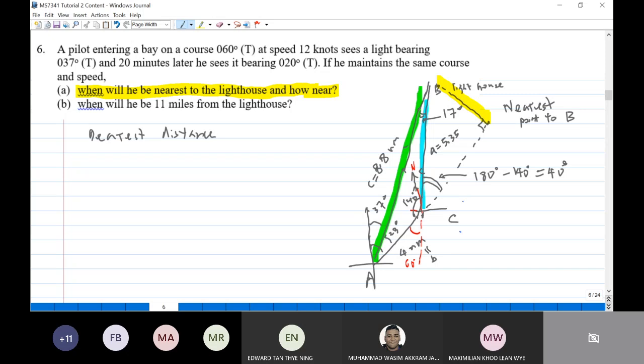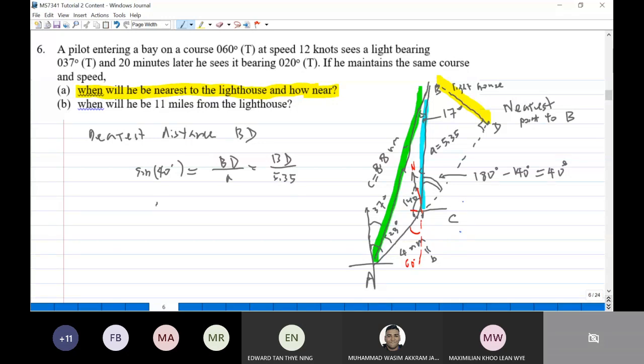Okay, what can I do? I can use the sine or cosine, right? I think I can use the sine. So sine 40 degree is equal to, let's call this one BD, BD over 5.35.